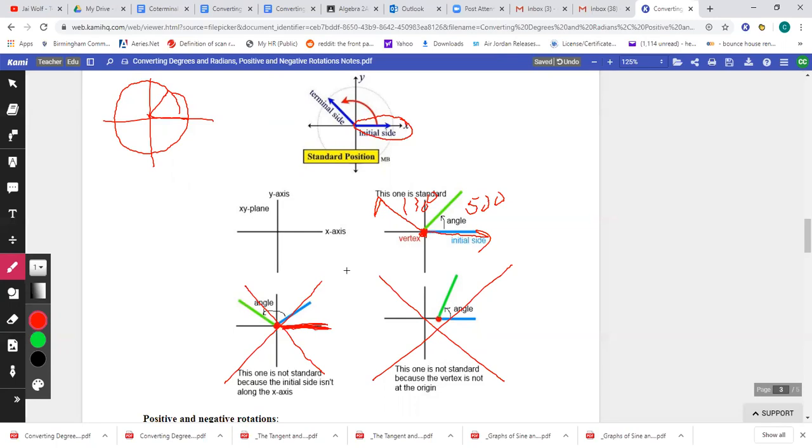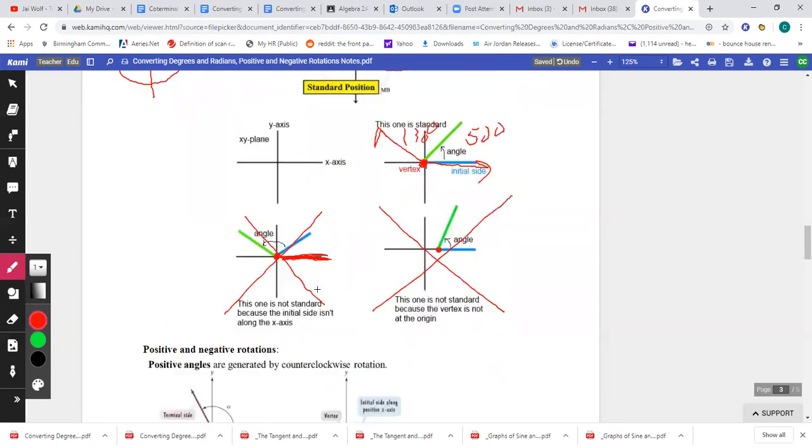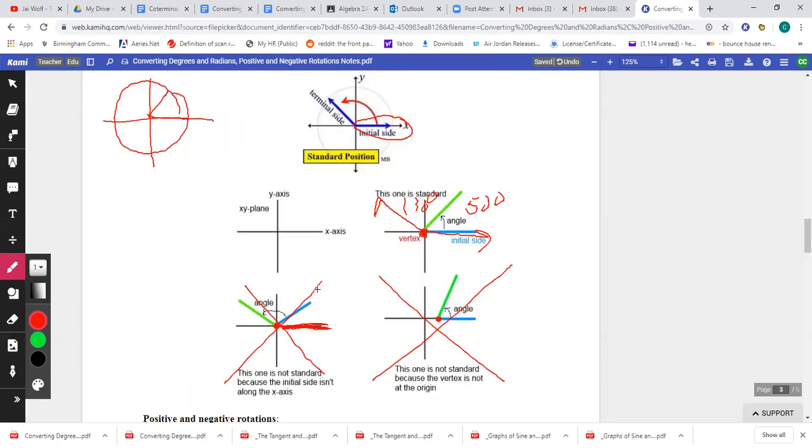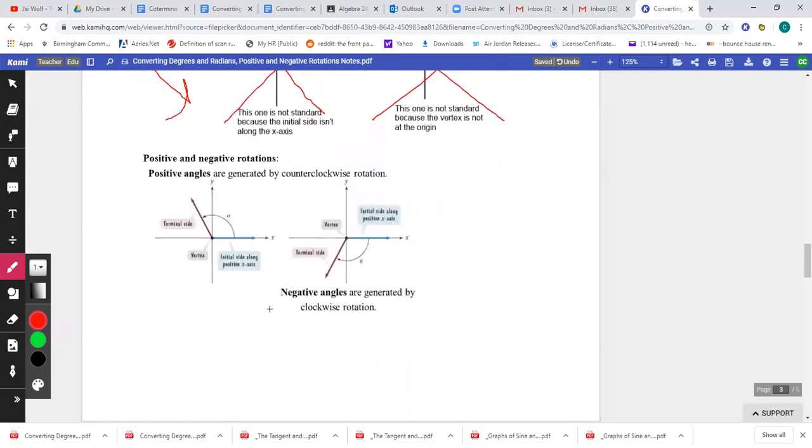Now, the last thing about trig angles is in geometry, right? We said this was 45 and we said this was 45. Okay. However, in trig, we talk about rotations of angles. So positive angles are going counterclockwise. So you see the arrow here? That's the way we rotate if it's positive.